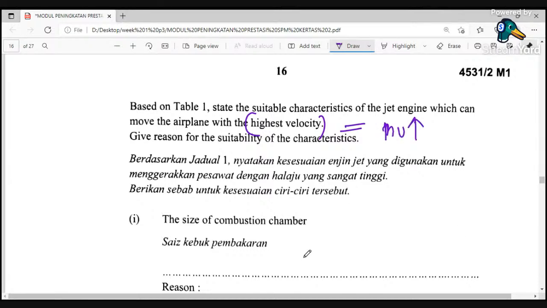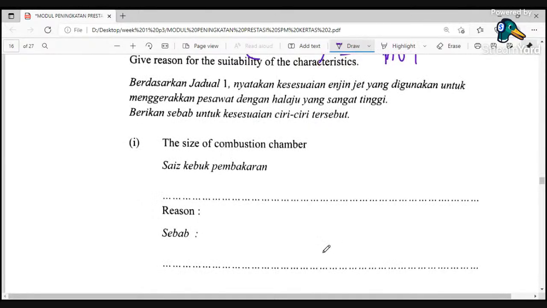Okay, so size of combustion chamber mestilah large. Okay, besar. Larger size. Okay, apa reason?